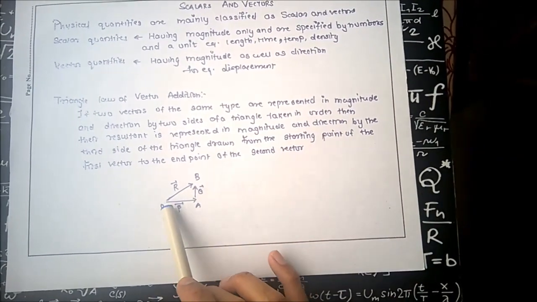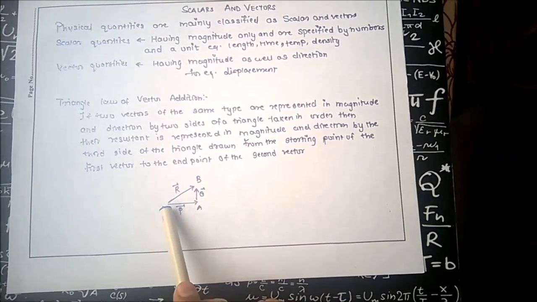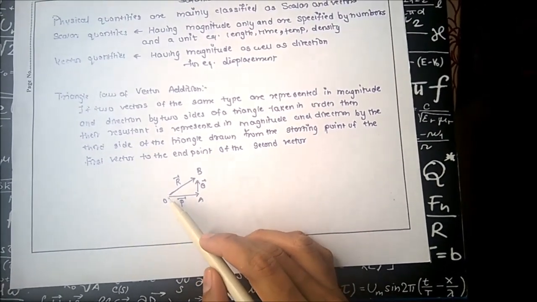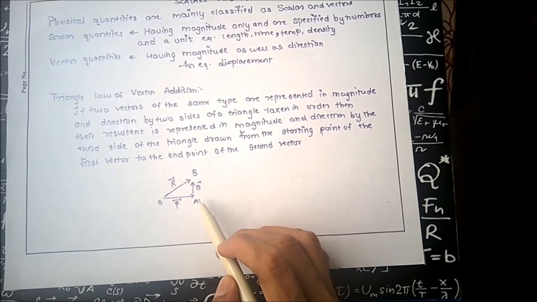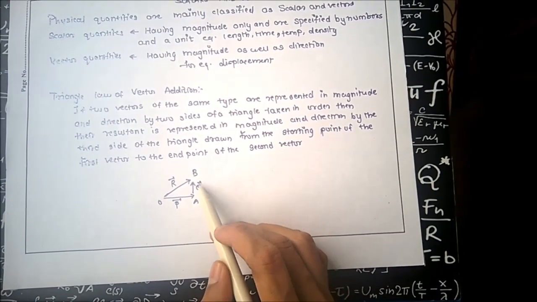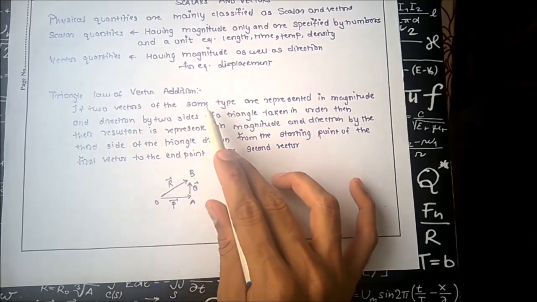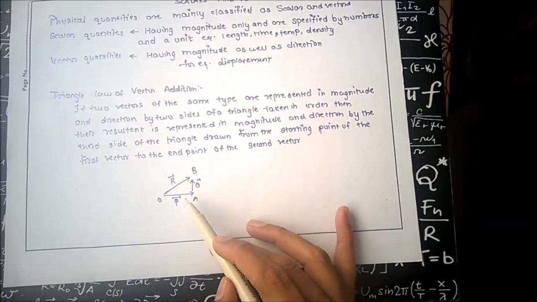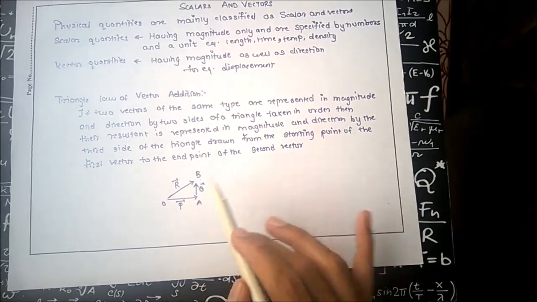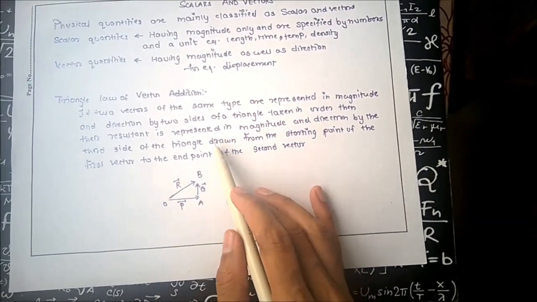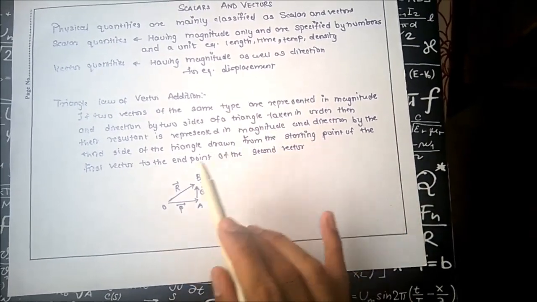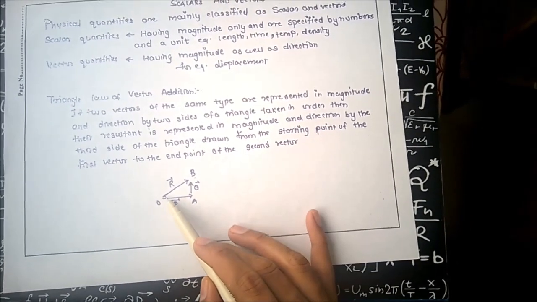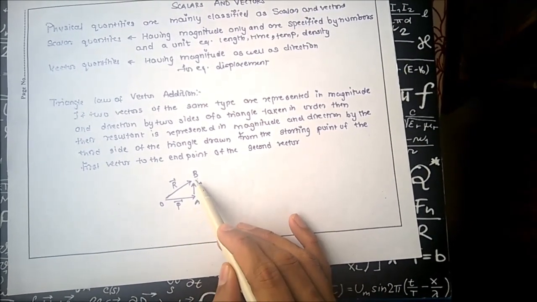Suppose a vector p starts from point O and ends at point A, and a vector q starts from point A and ends at point B. So we have two vectors of the same type represented in magnitude and direction by two sides of a triangle, P and Q. Then the resultant, in magnitude and direction, is given by the third side of the triangle, drawn from the starting point of the first vector to the ending point of the second vector.